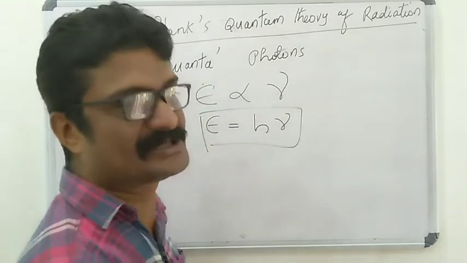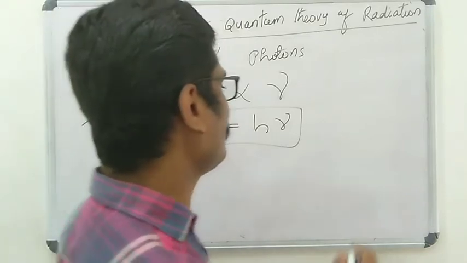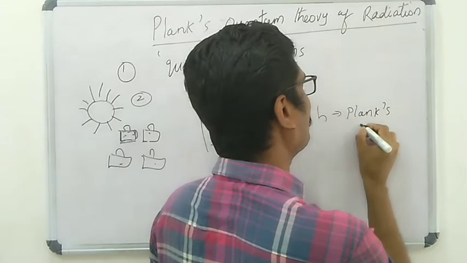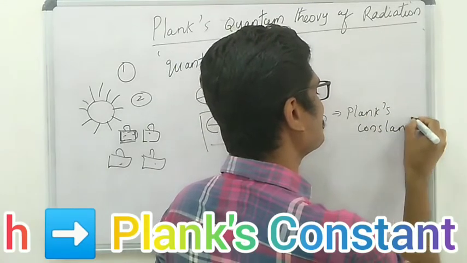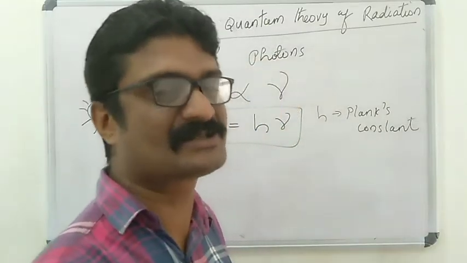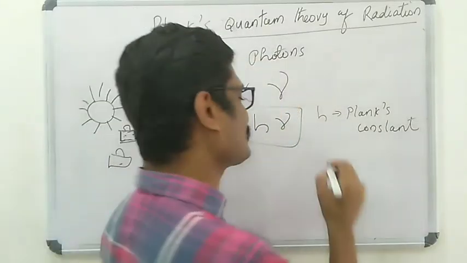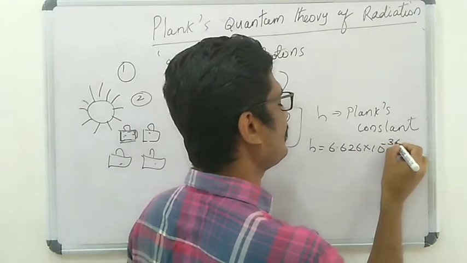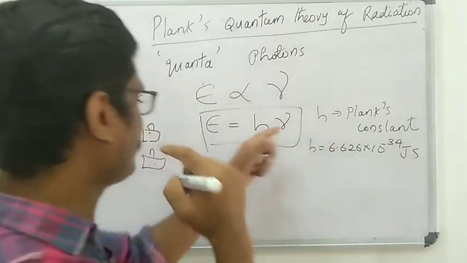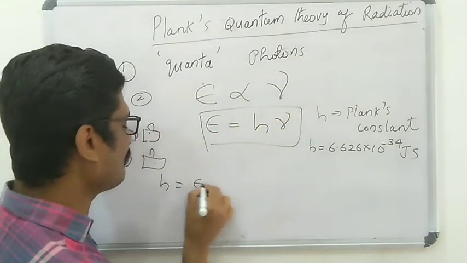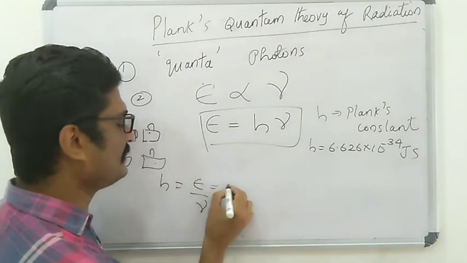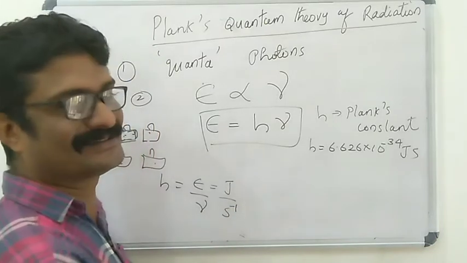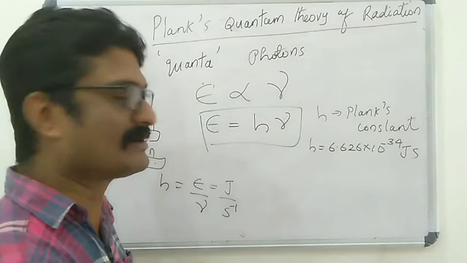H is a constant called Planck's constant. The value of Planck's constant is 6.626 into 10 raised to minus 34 joules second. E equal to h nu, that is h equal to E by nu. The unit of energy is joule and frequency is second inverse, hertz. 1 hertz is equal to 1 second inverse.